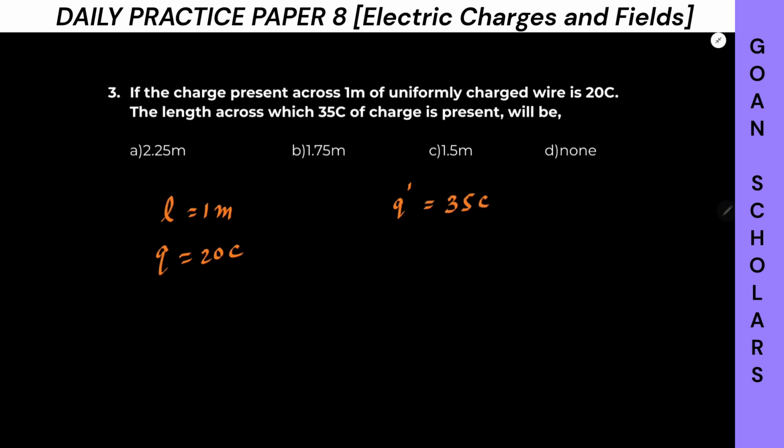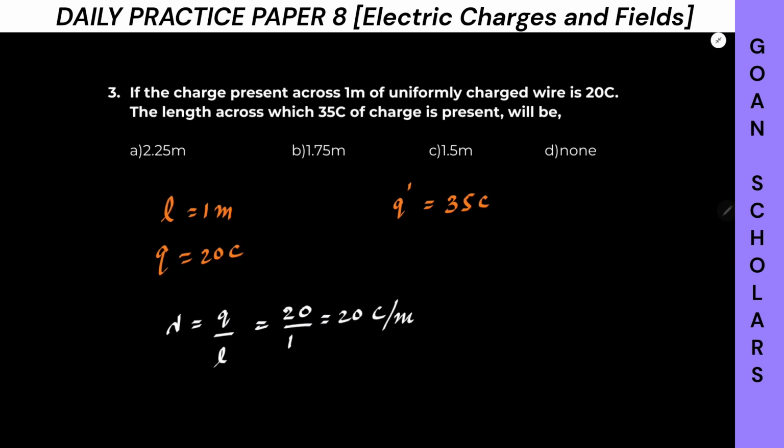Now always remember, if there is a wire, then one parameter will remain same if it is a uniformly charged wire. What is that? Lambda. What is lambda? Linear charge density, and that is charge per unit length. So let's first find lambda. So lambda will be equals to how much? Q, which is 20 upon 1, which is 20 coulomb per meter.